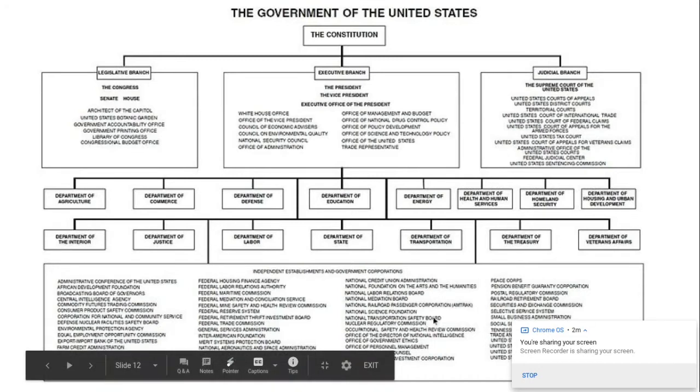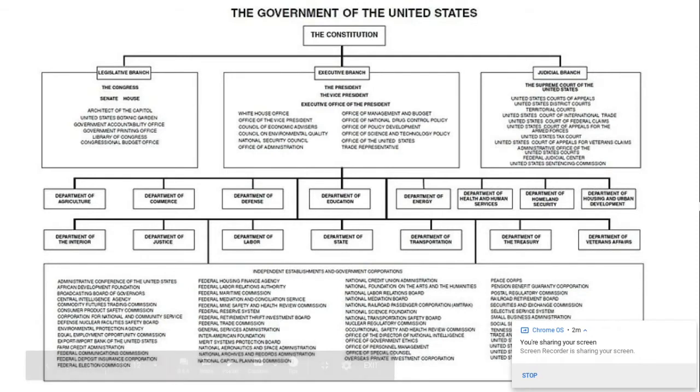Now, these independent agencies down here and government corporations, probably the most important example to know would be the Federal Reserve. He does get to appoint people to head these agencies, but only when their term of service is up. So if, for example, the president came in when the head of the Federal Reserve had been appointed by Obama, when Trump came in, he did not get to appoint a new head of the Federal Reserve.